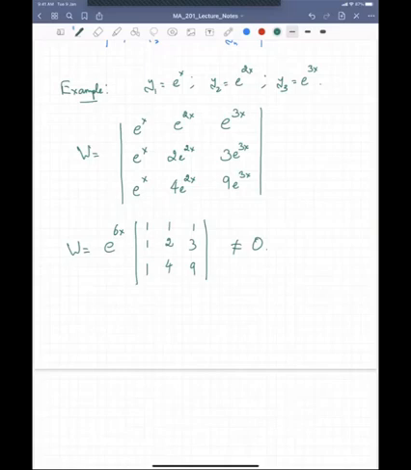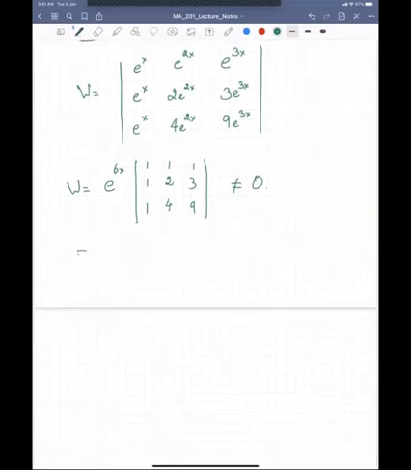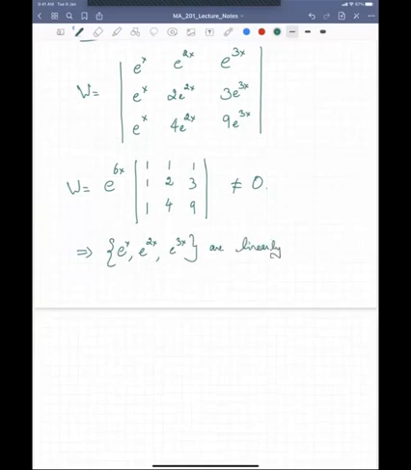Okay, so this tells you that these three are linearly independent. So this implies that e to the x, e to the 2x, e to the 3x are linearly independent. Okay, any questions or any comments about this?